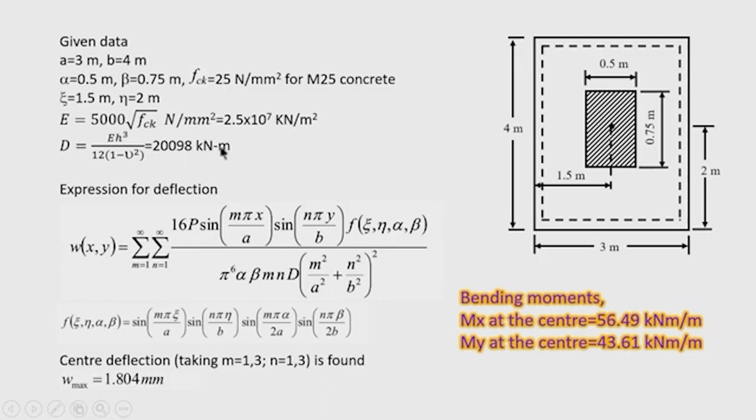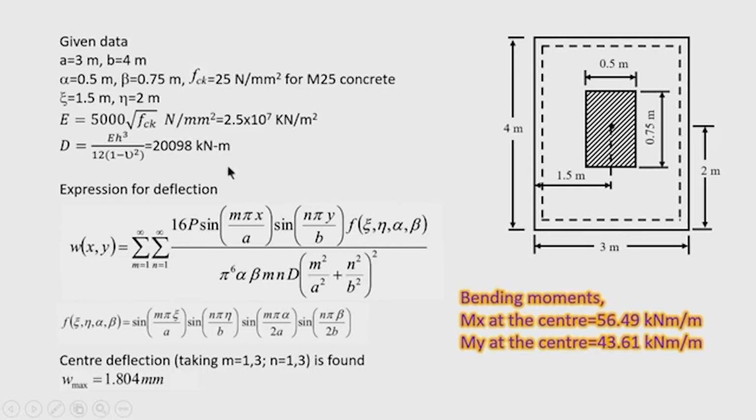20098 kilonewton meter. So, the expression for deflection is this: 16 P sin m pi x sin n pi y by b, and this function f of xi, eta, alpha, beta, which contains the coordinates of the centroid of the load and the dimensions of the loaded area, and the numerator contains this pi to the power 6, alpha beta are the dimensions of the loaded area, m, n are the integers, and D is the flexural rigidity we have already computed here, and these functions are there, m square by a square plus n square by b square whole square.